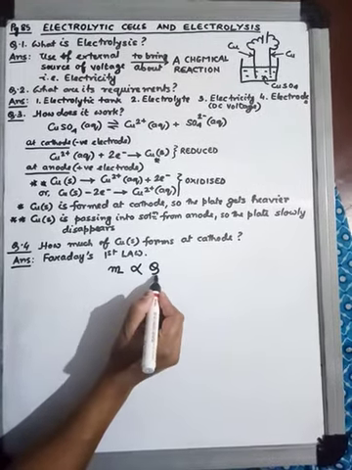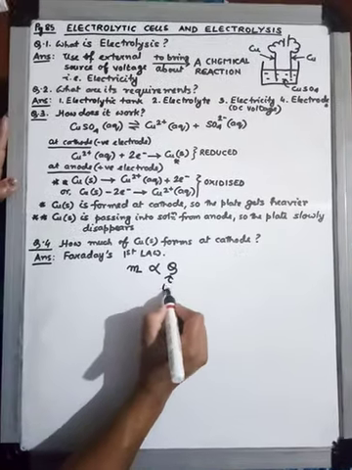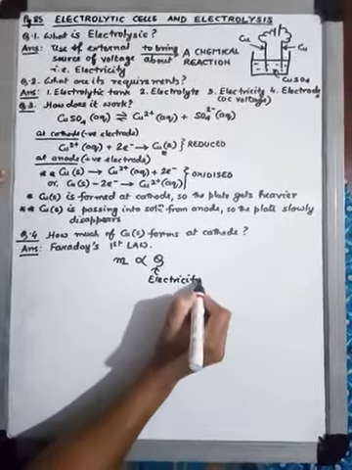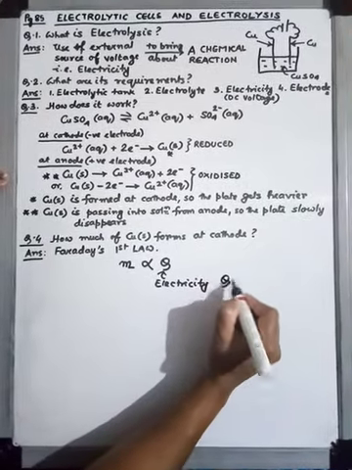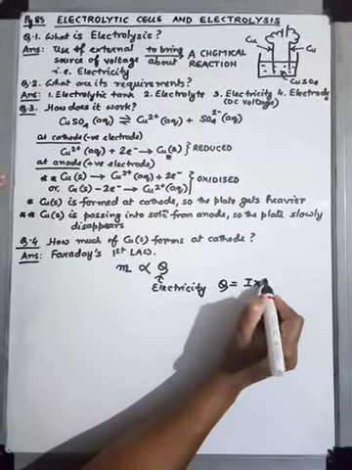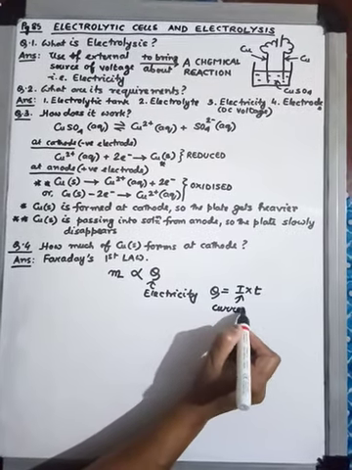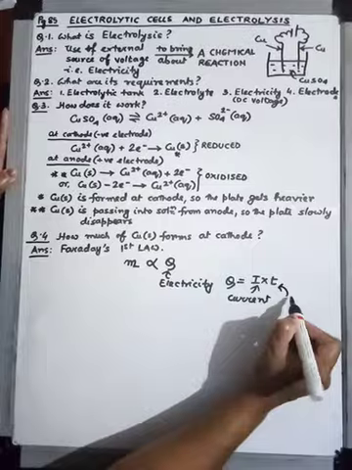Q is always the symbol for this electricity. And how do we calculate this? In the textbook you will see this Q is nothing but I into T. What is this I? I is the current in amperes and T is the time in seconds.